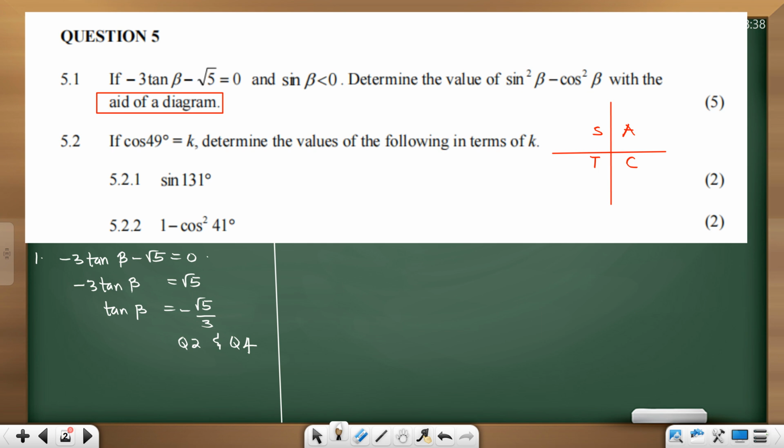The second one, the examiner now gave me that sine beta is less than 0, which means sine beta is negative. Where is that happening? Let's go back to our quadrants. It's quadrant 3 and quadrant number 4. I hope you remember that. 3 and 4.